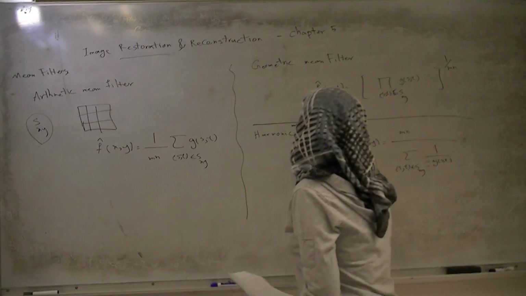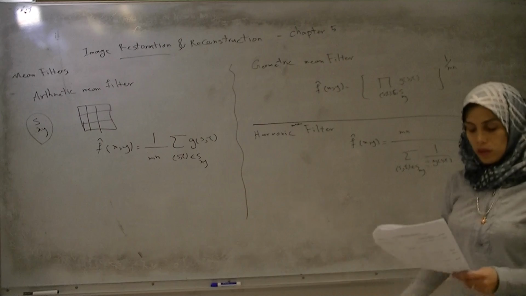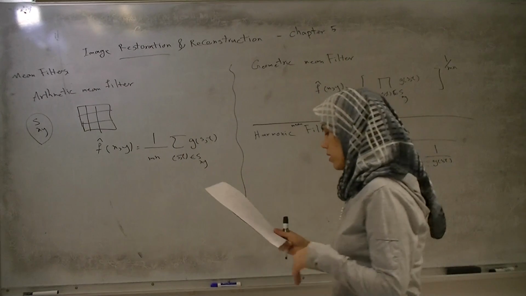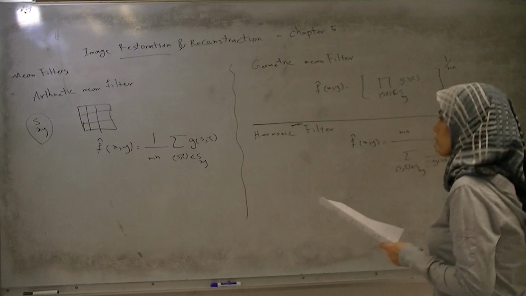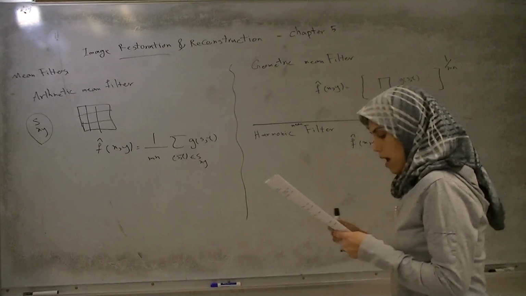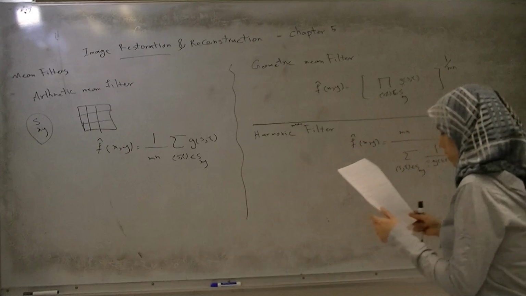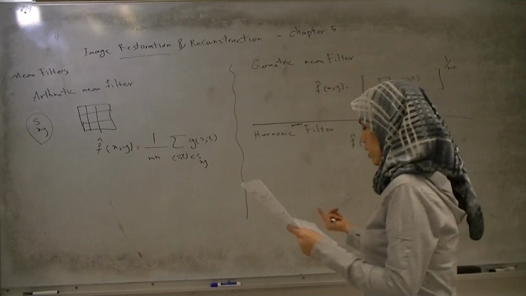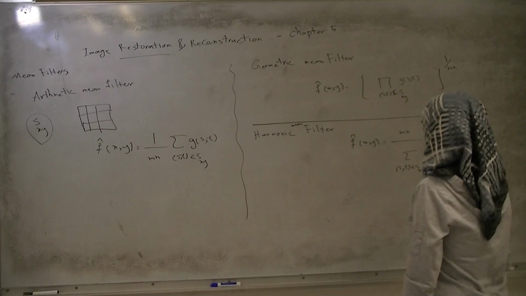The harmonic mean filter is good for removing salt and pepper noise from the noisy image. It's good for the salt noise, but it's not good for the pepper noise. And also, it's good for some other noise, like the Gaussian noise.